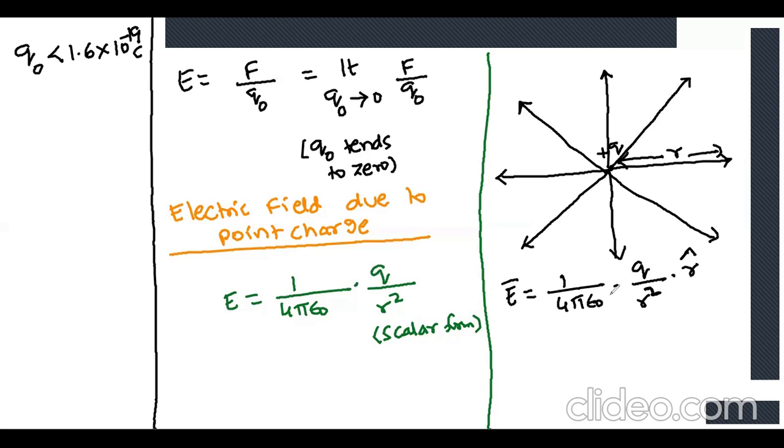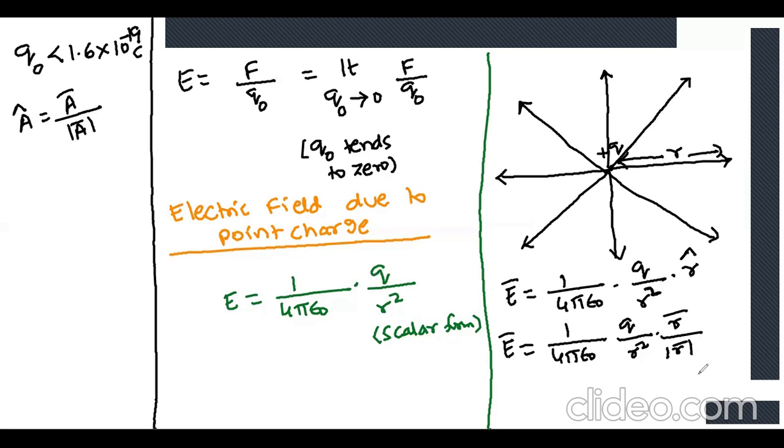Since by definition A cap unit vector means A bar by modulus of A bar, like that, I am writing it as 1 by 4 pi epsilon Q by R square times R bar by modulus of R bar. Modulus of R bar, can I write as R?